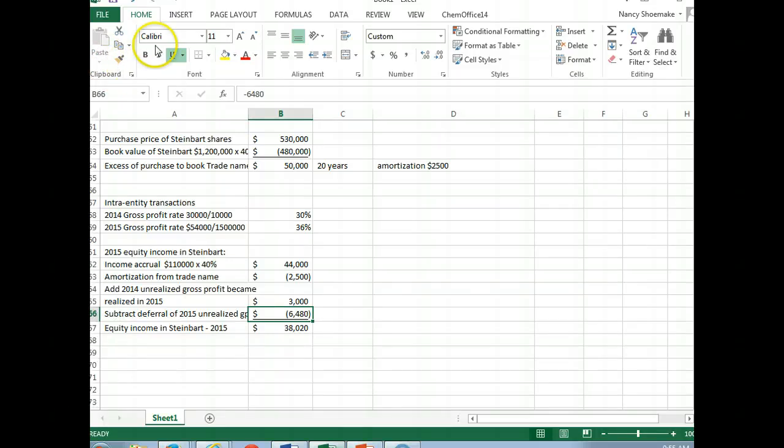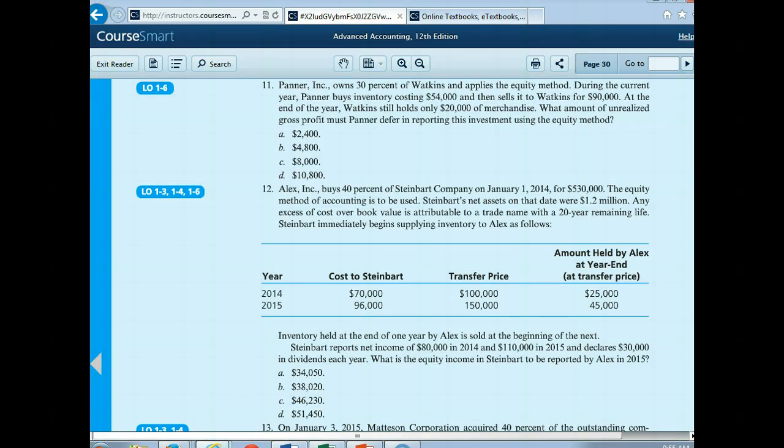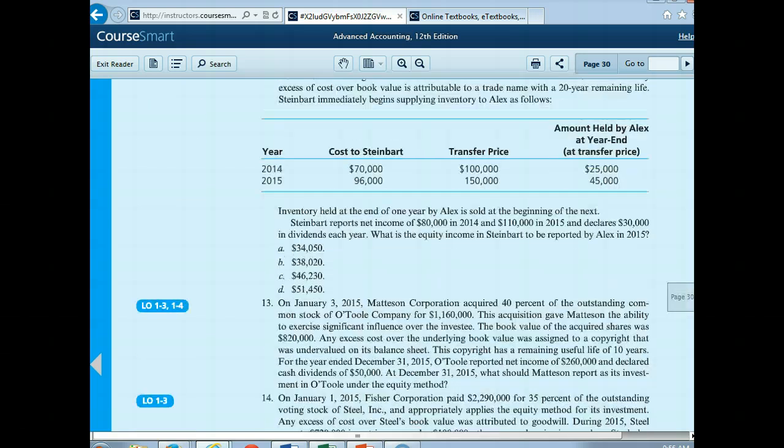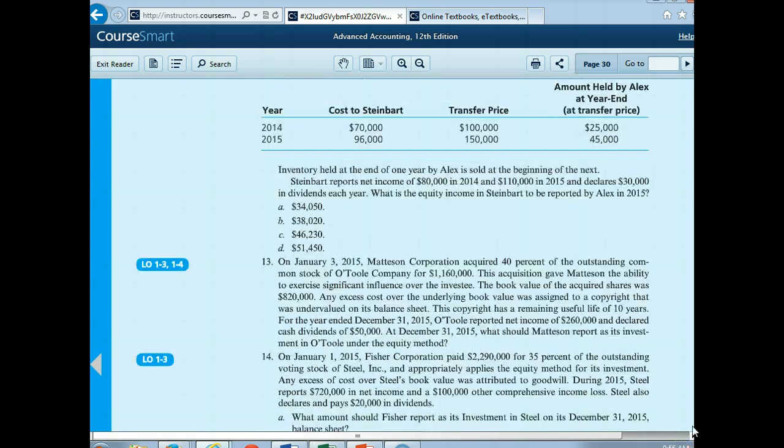Now, let's look at 13. On January 3rd, 2015, Madison Corporation acquired 40% of the outstanding common stock of O'Toole Company for $1,160,000. This acquisition gave Madison the ability to exercise significant influence over the investee, which means equity method. The book value of the acquired shares was $820,000.